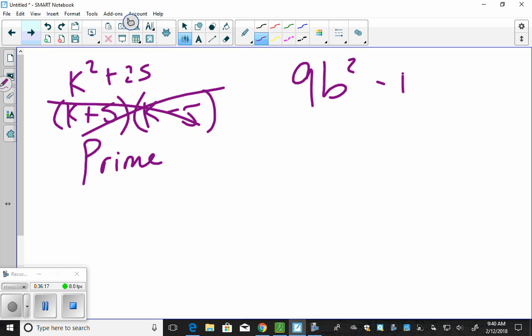9b squared minus 100. Okay. 2 sets of parentheses. Plus and minus in the middle. What number do I square to get 9? 3 goes in front. Come out where? It doesn't matter. Because think of it this way.